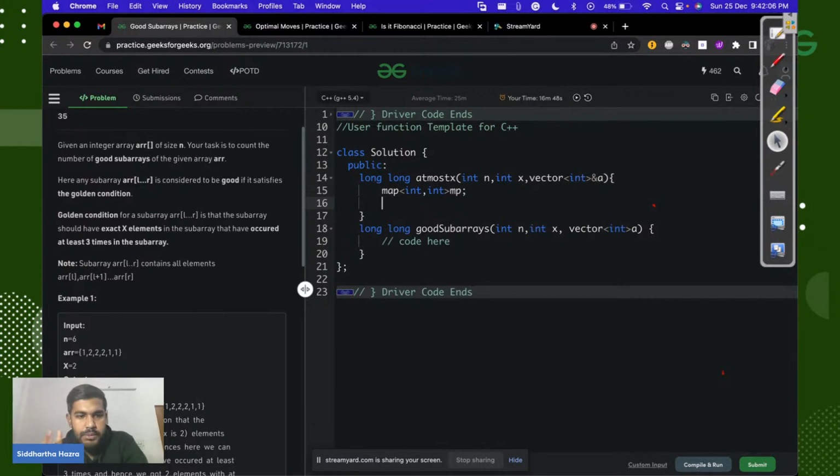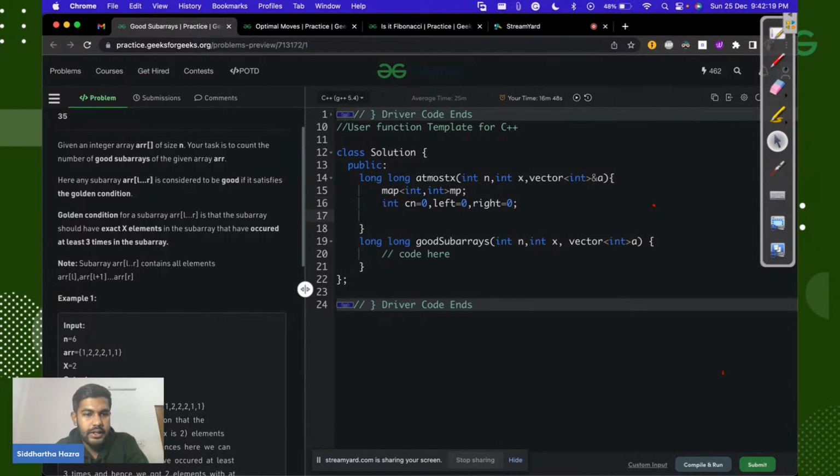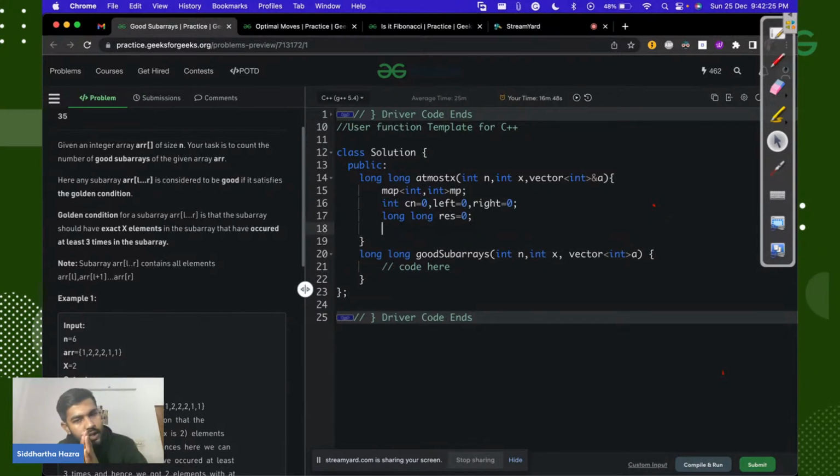Now I would have count equal to 0, and a left pointer pointing to 0 and a right pointer pointing to 0 again. Then I would have a long res to store the result. So I took a left pointer, a right pointer, a count to count the number of values greater than x, and a res to store the answer.